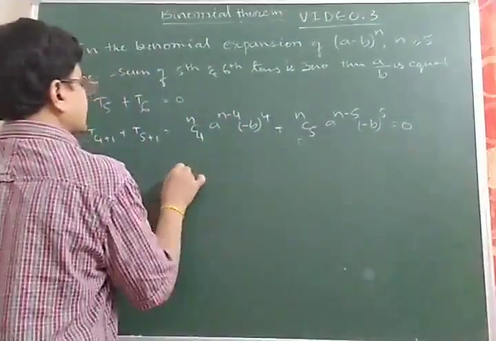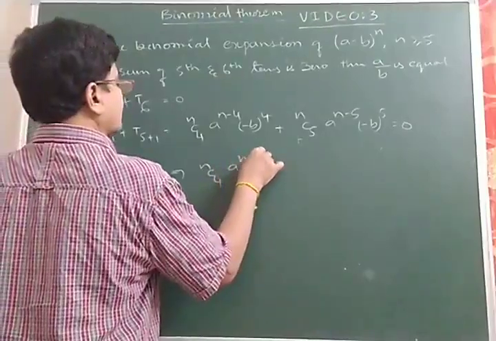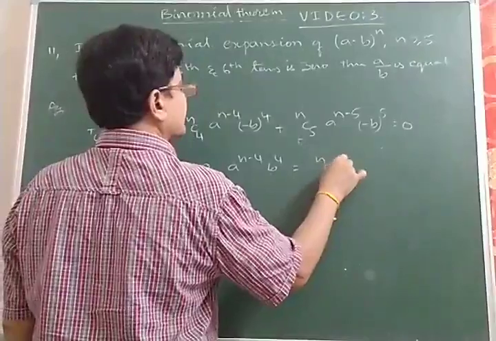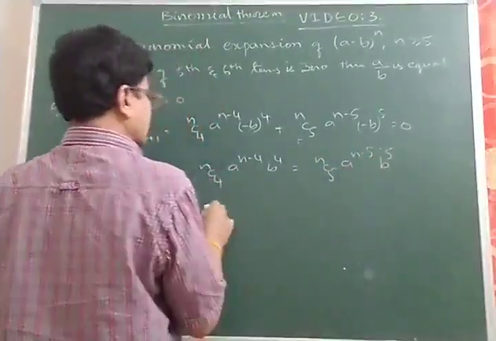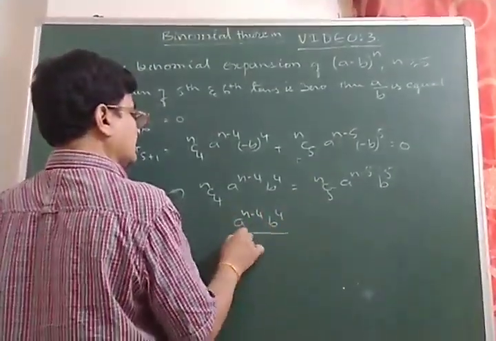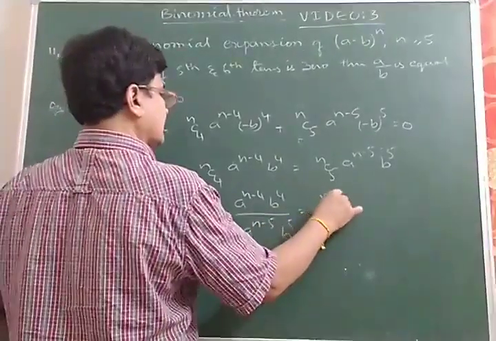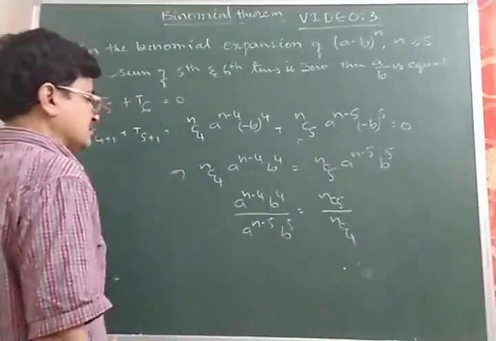So nC4 a^(n−4) b^4 is equal to nC5 a^(n−5) b^5. So a^(n−4) b^4 by a^(n−5) b^5 is equal to nC5 by nC4. Okay.